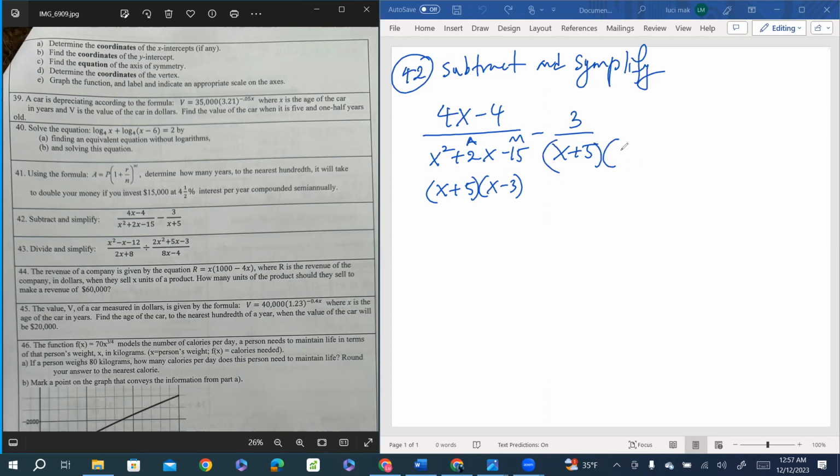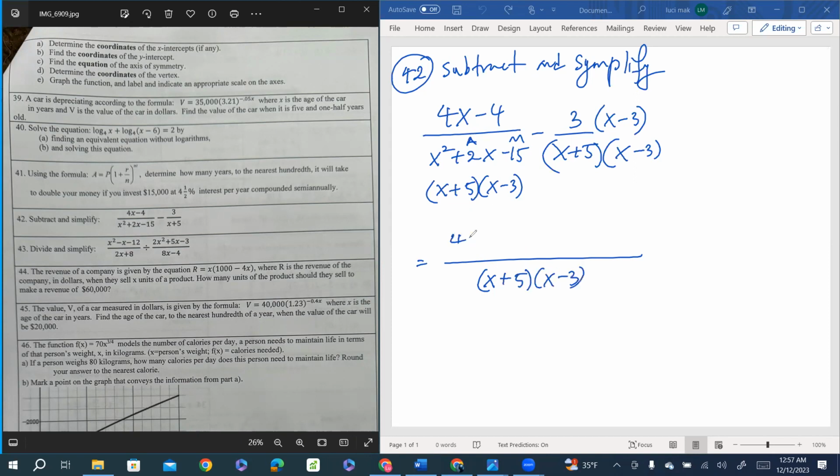Now, the LCD is x plus 5 times x minus 3. So multiply this expression by x minus 3, numerator and denominator. The LCD doesn't go away because it's not an equation, so you can't multiply by the LCD on both sides. The LCD comes down or stays with the expression, so it's x plus 5 times x minus 3.